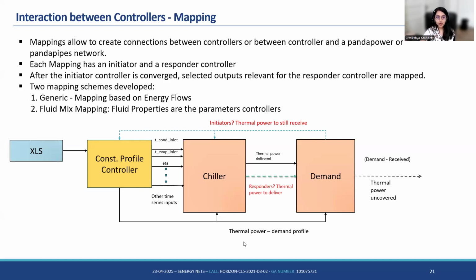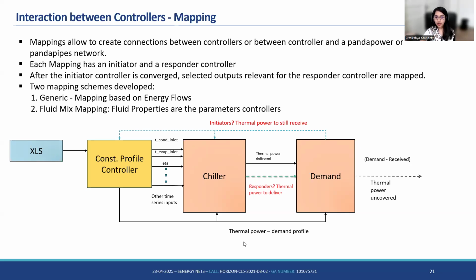We have two mapping schemes currently developed to connect our controllers. One is generic mapping, which is based on energy flows, meaning energy is used as the medium of exchange of information between the controllers. And the second mapping scheme is fluid mix, meaning fluid properties are the parameters that are used between controllers to exchange information.